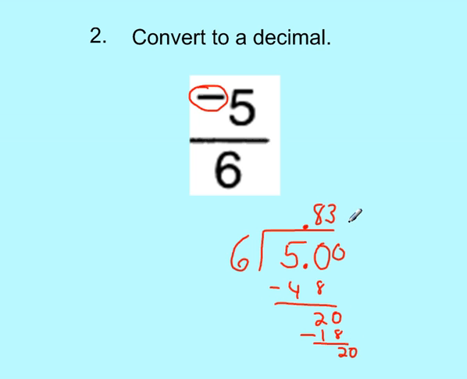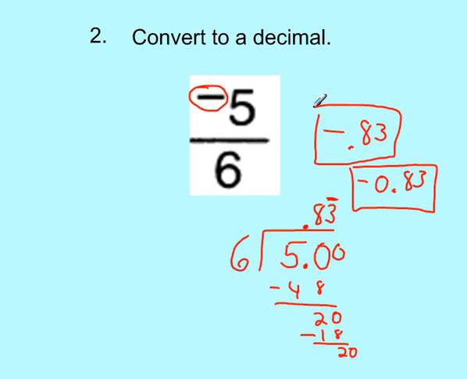Okay, I'm doing the same thing. So what I can do is put a bar above the 3, because this 3 is going to keep on continuing. So my answer then is negative 0.83 with a bar over the 3. I can put the 0 there and the 1s if I want to. Okay, so I will take either answer. You can include the 0, or you can not write the 0.